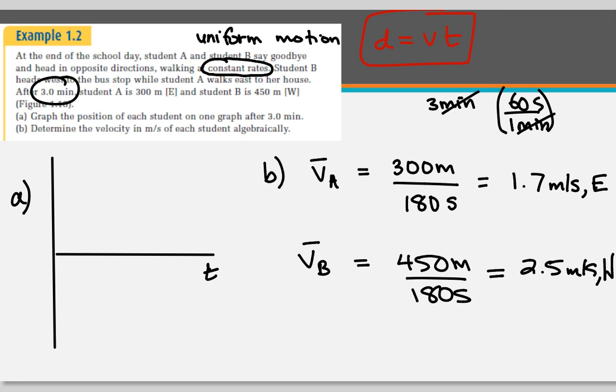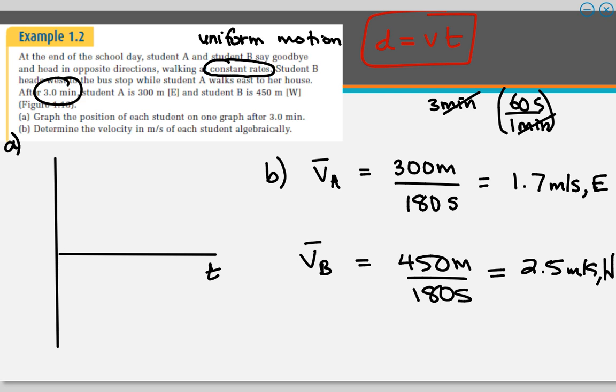But vertically, I've left space for positive and I've left space for negative. So this is a displacement time graph or position time graph, so you can put d bar there. Let's put 0 right there at the origin. Let's mark off 3 minutes.